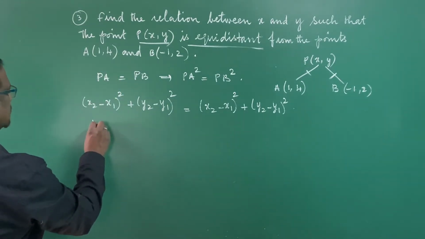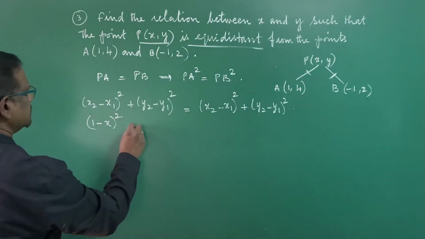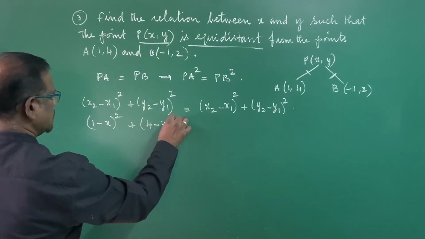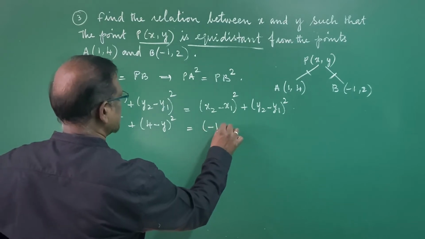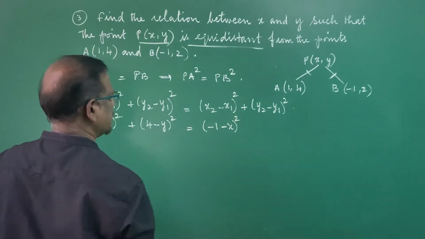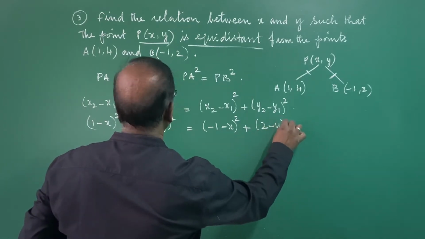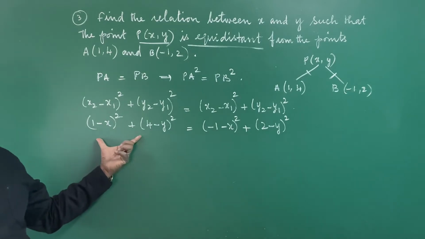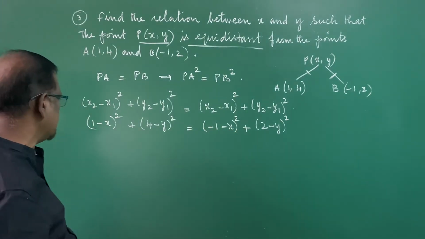It is (1 minus x) whole square plus (4 minus y) whole square is equal to (minus 1 minus x) whole square plus (2 minus y) whole square. So this is the PA square, our left hand side, and our right hand side is PB square.